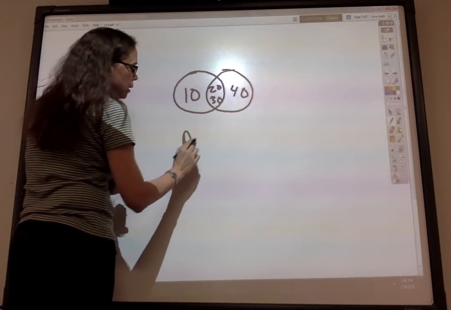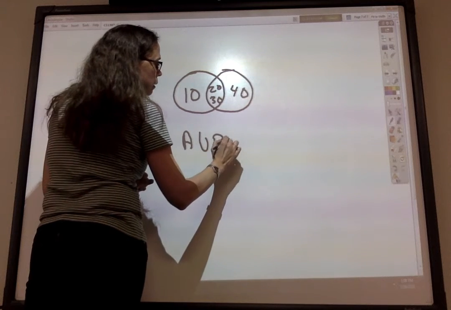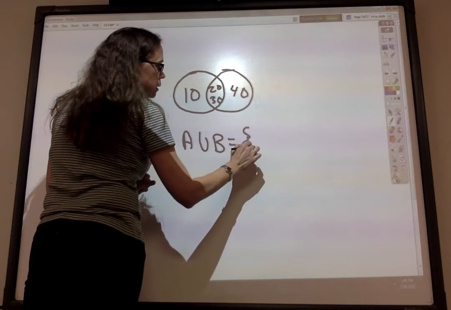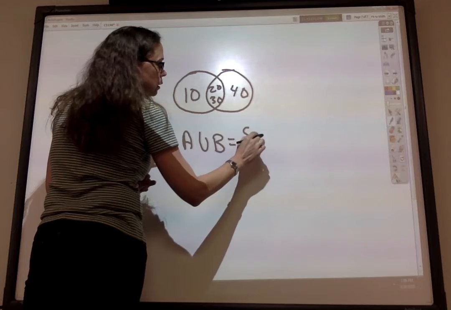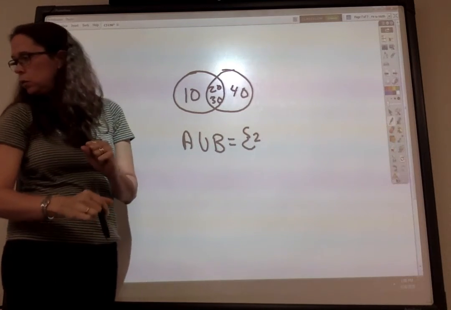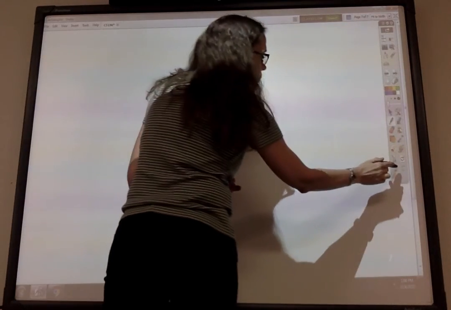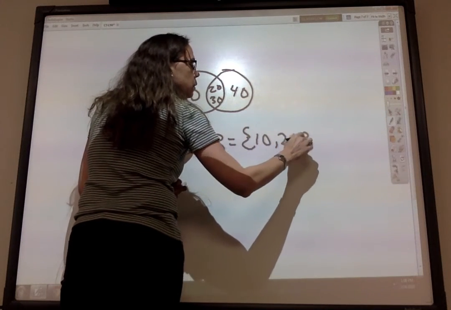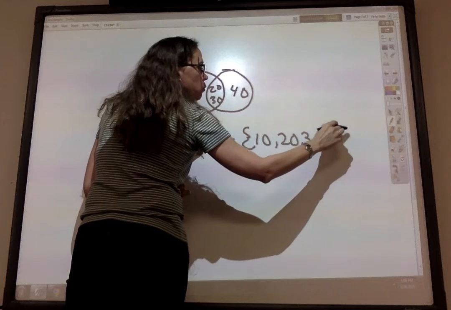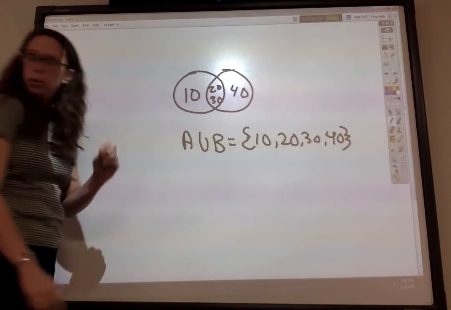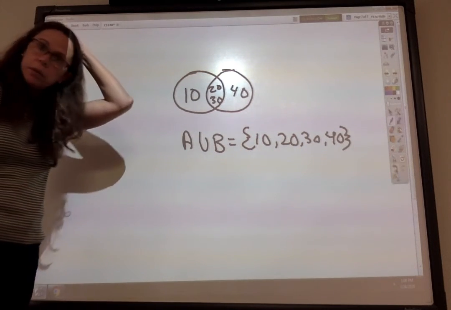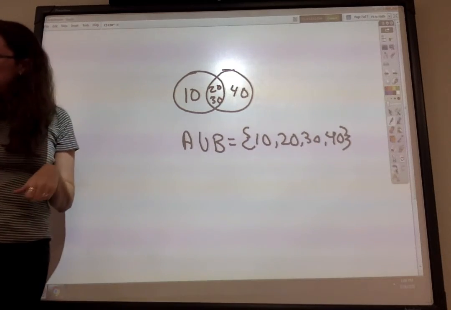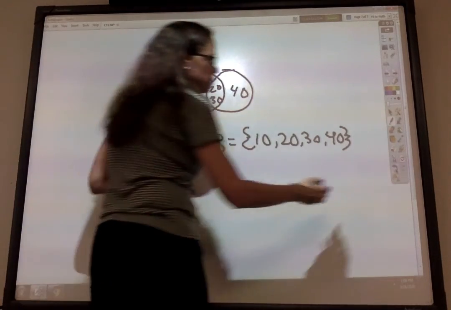So A union B would be the set containing 10, 20, 30, and 40. When we do the union, everything has to be represented.